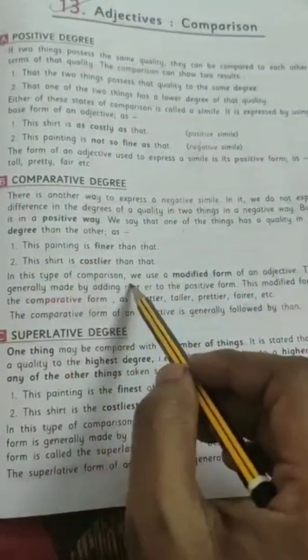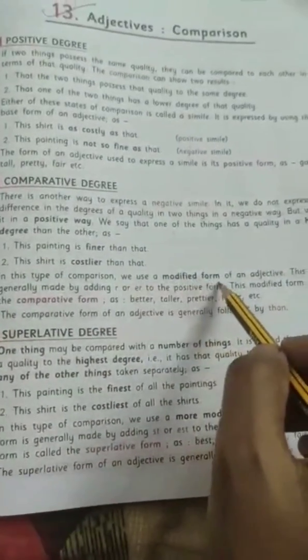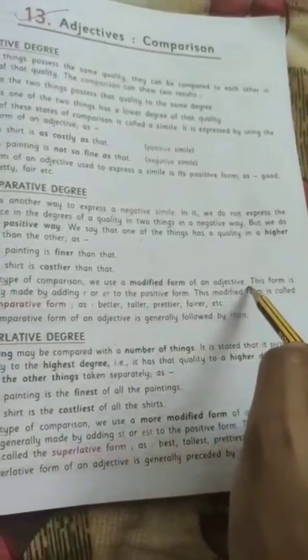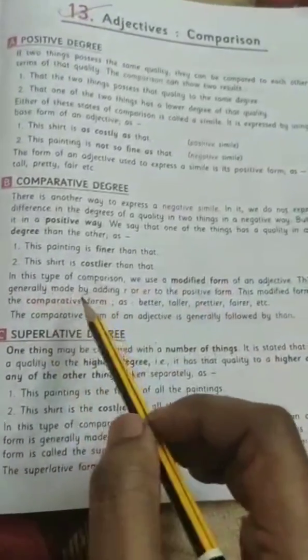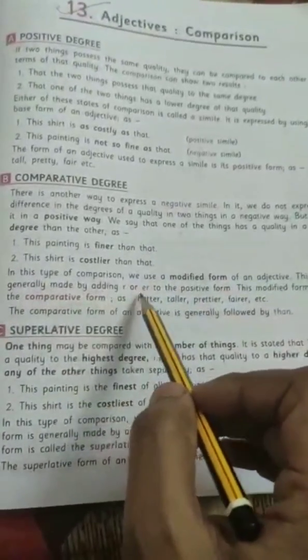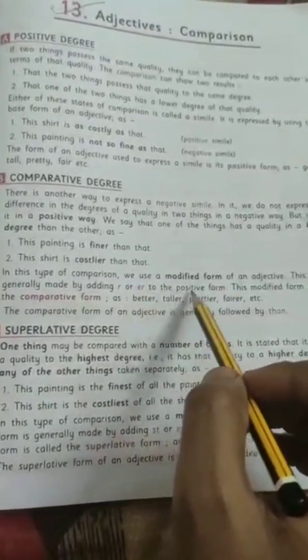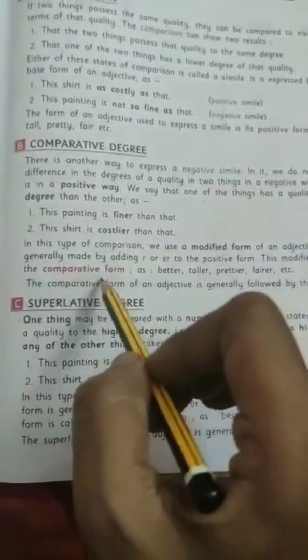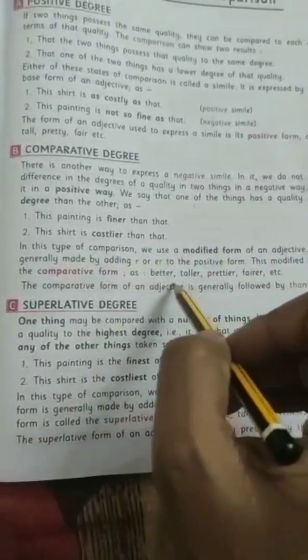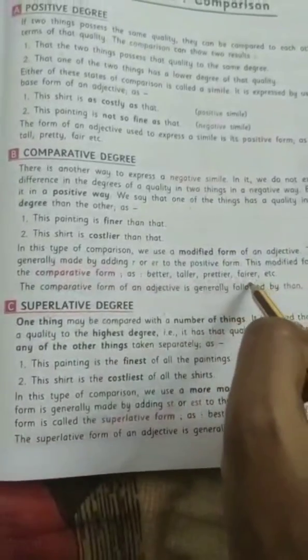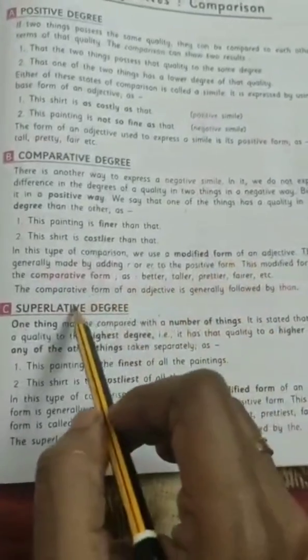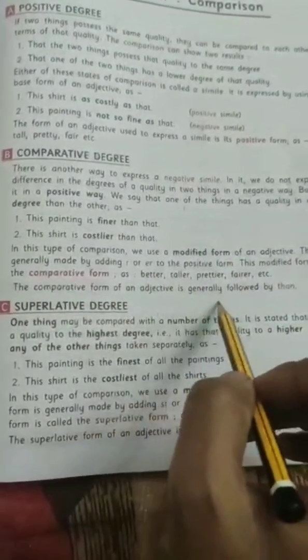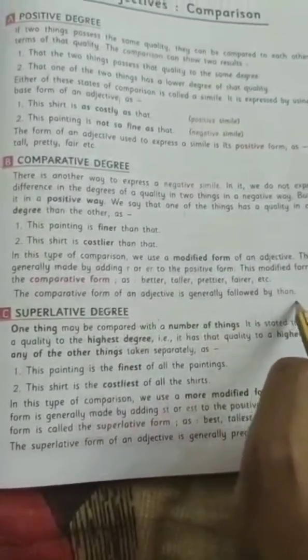In this type of comparison, we use a modified form of an adjective. This form is generally made by adding r or er to the positive form. This modified form is called the comparative form, as better, taller, prettier, fairer, etc. The comparative form of an adjective is generally followed by than.